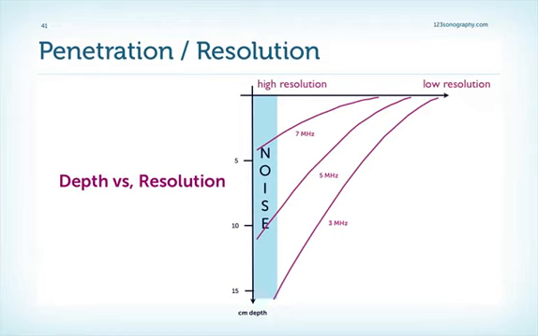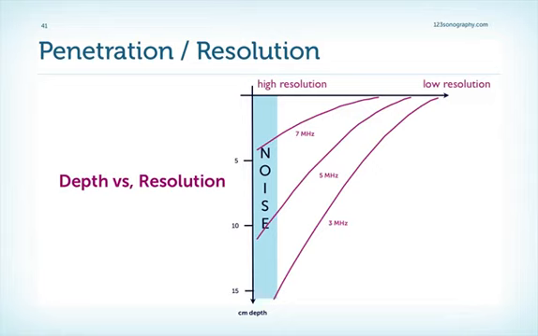Now let me come back to an issue which we discussed earlier: penetration. Remember, we said that as the ultrasound wave passes into the body, into the tissue, it gets weaker and weaker. And sooner or later, we do not have enough energy to really create an image. Now, penetration not only depends on how much ultrasound waves are reflected or scattered, it also depends on the ultrasound frequency we use. And this is very important.